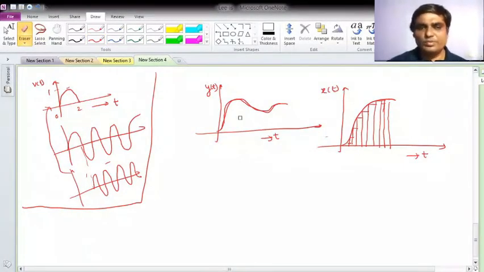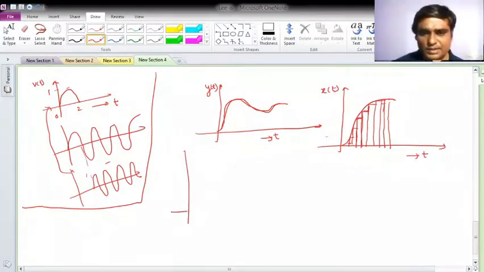So in order to approximate such an arbitrary smooth signal, the option is to construct boxes or pulses like this, and I will approximate this x of t.